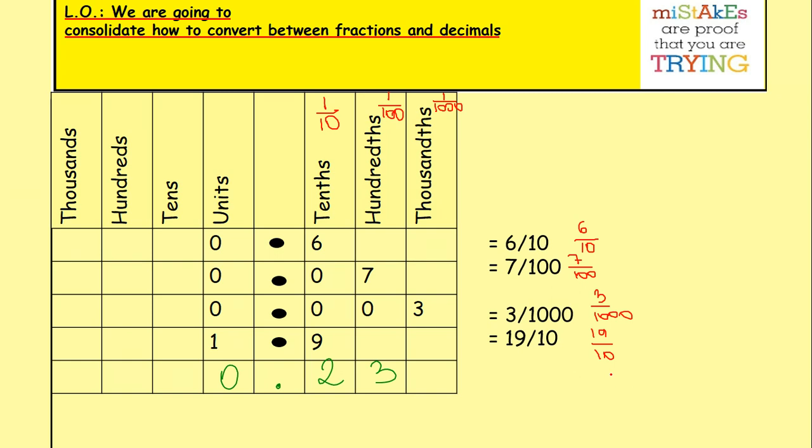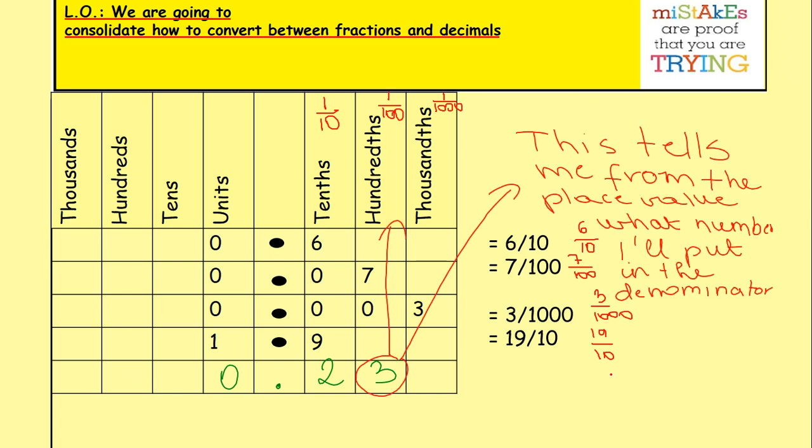The next number is for you to go: 0.23, or should I say 0.2300? Give it a go. 3, 2, 1. I'm sure many of you got an answer, but here is a little explanation for you. This 3 is under the hundredths, and this tells me from the place value what number I will put in the denominator.